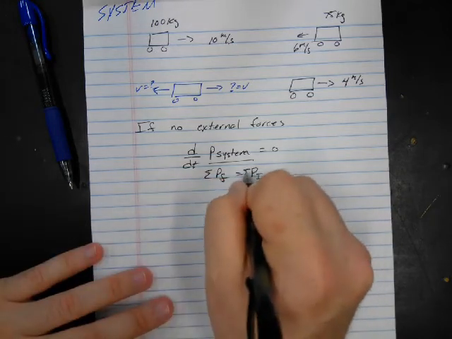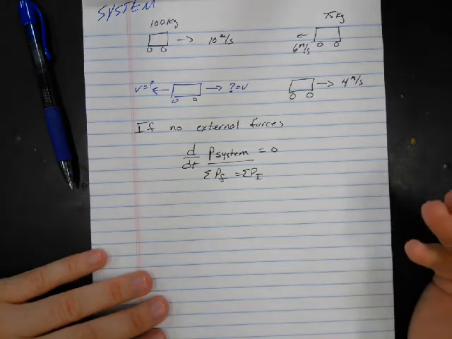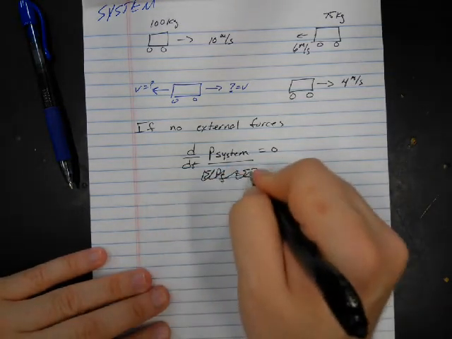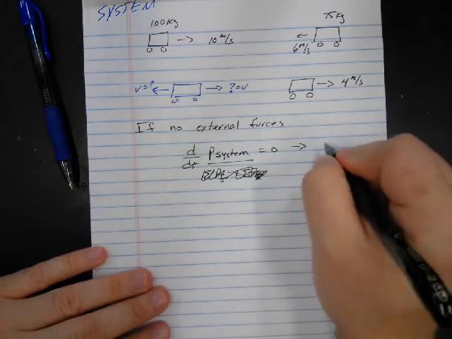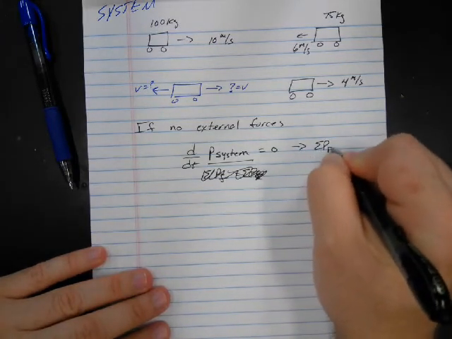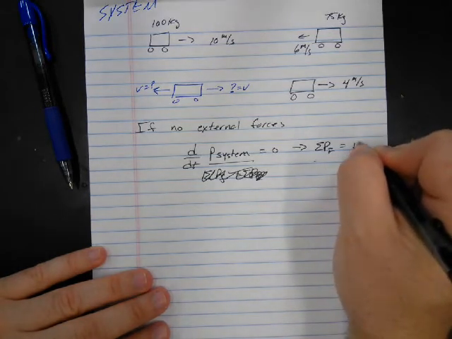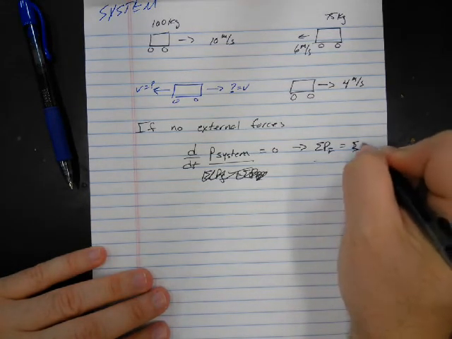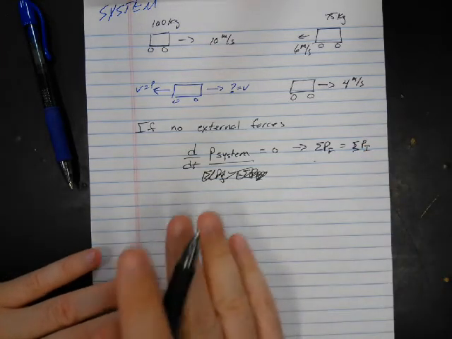So we sum up over everything in it. Let me rewrite this, this is the thing we're trying to say, and that means the final momentum of everything equals the initial momentum of everything.